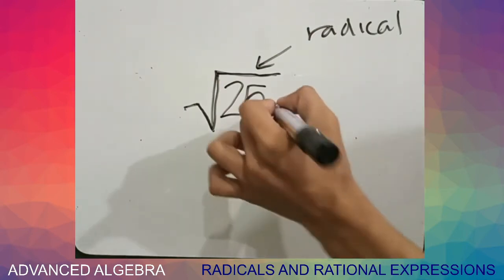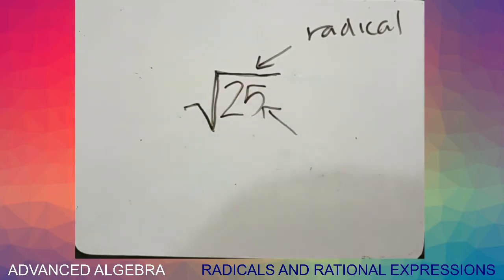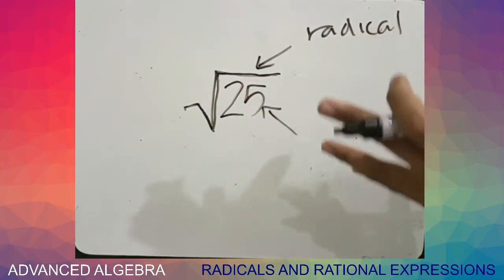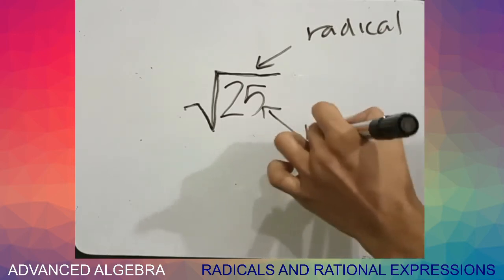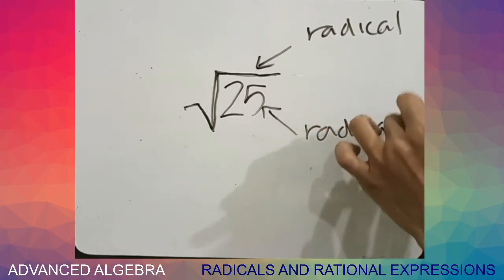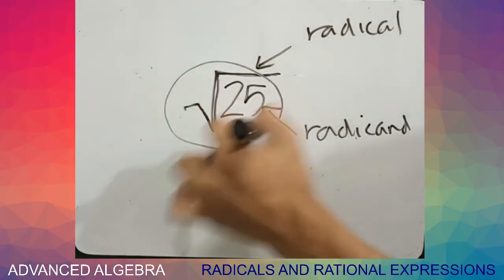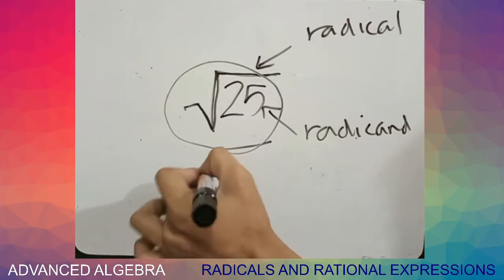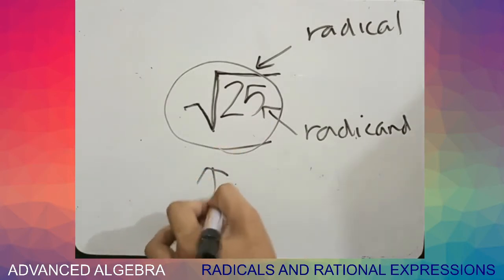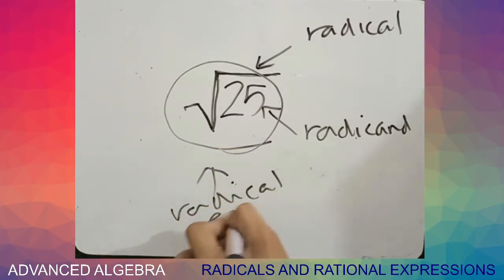Next, ang tawag daw dito sa 25, yung nasa loob ng radical symbol, ay radicand. And the whole expression, ang tawag sa kanya ay radical expression.